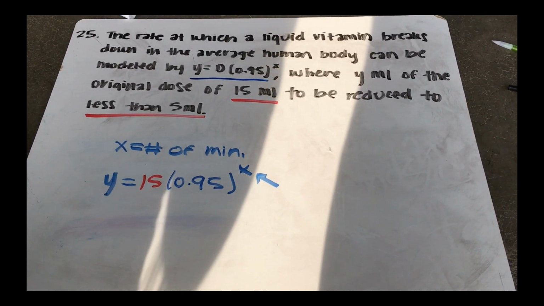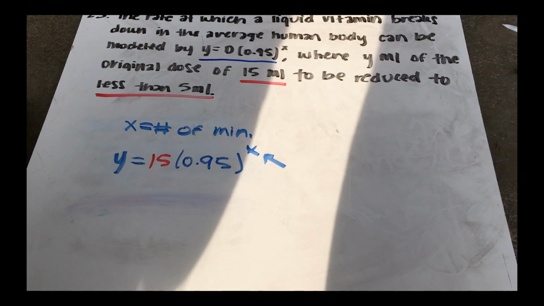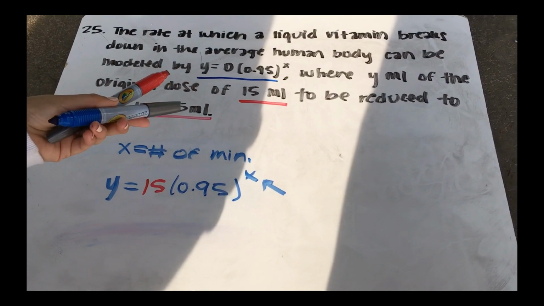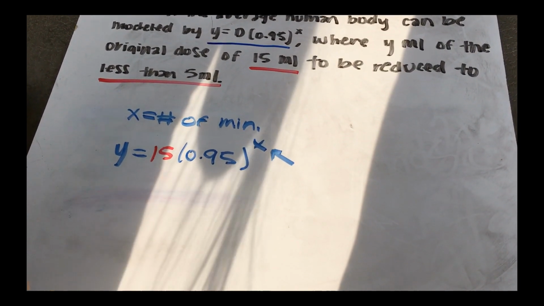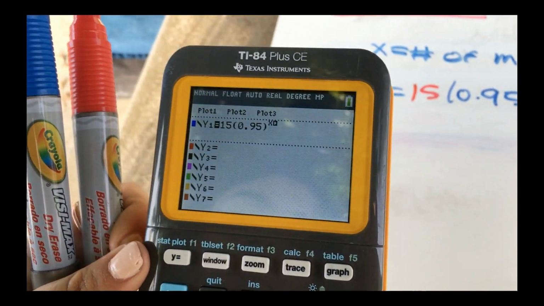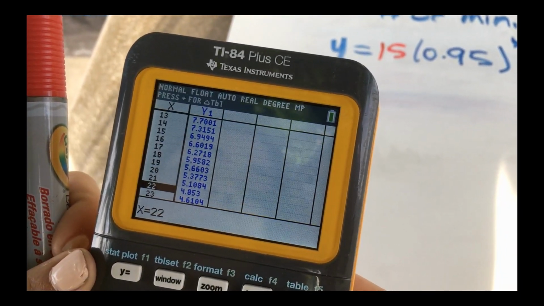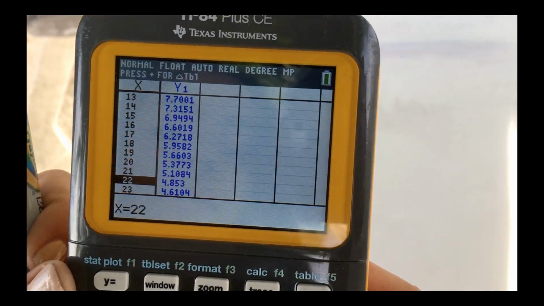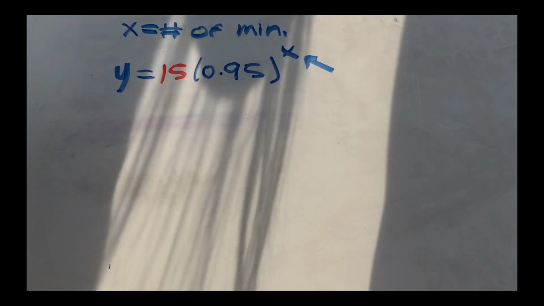I'm replacing d because that is the original dose, which is 15 milliliters, and then we're going to find x by plugging it into our calculator. We go to second graph so we can get a table, and find the numbers that are less than 5. The first one that we see is 22, so we're going to plug in 22 for x.